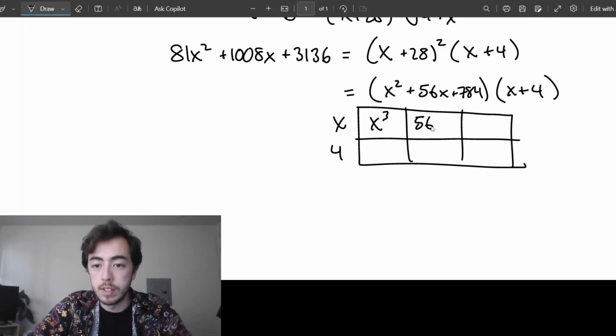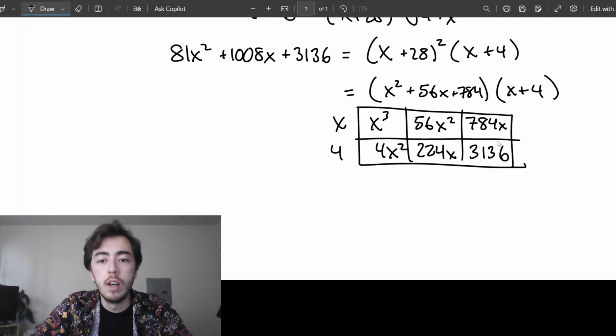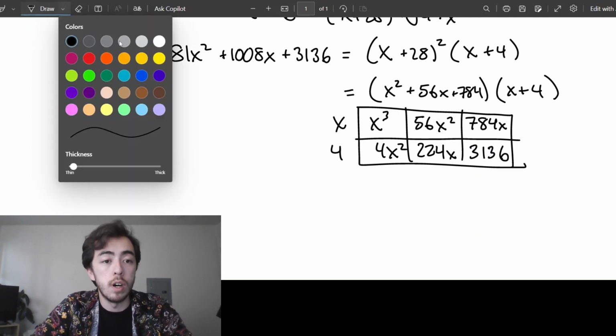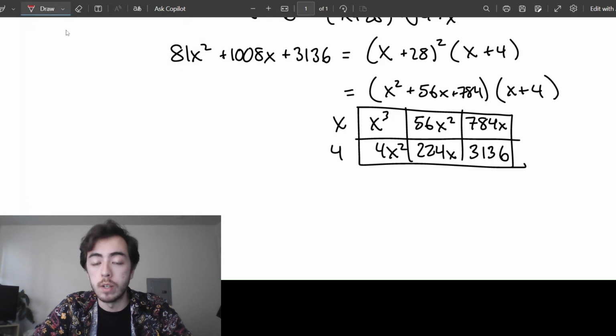This is 56x squared. This is 784x. X squared and 4 make 4x squared. 56 times 4 is 224, and then I need that x. And then finally, 4 times 784 is 3,136, which weirdly shows up on the left side of the equation.